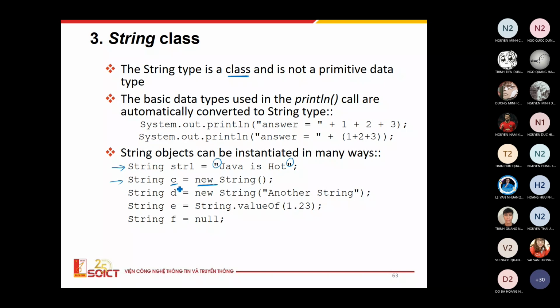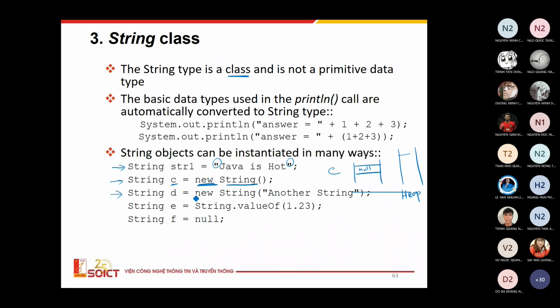You will create a string with the new operator and use the constructor of the String class. Here the string will be created, and the value is null because it's not referring to the heap yet. So for the C you will have the value like this.